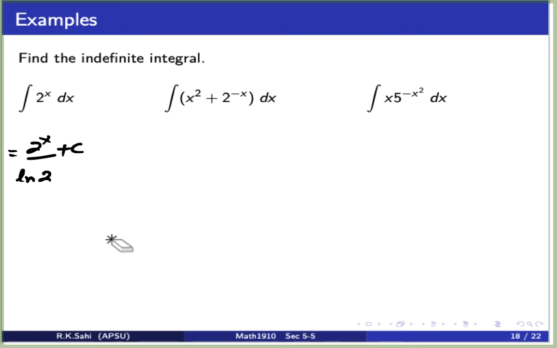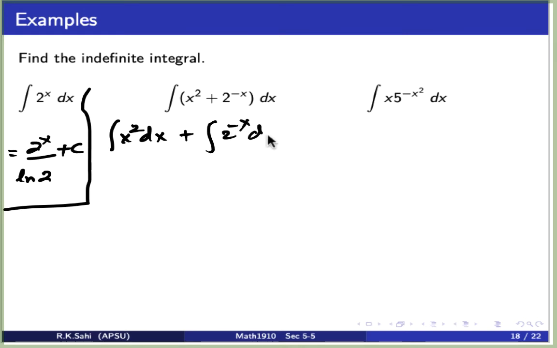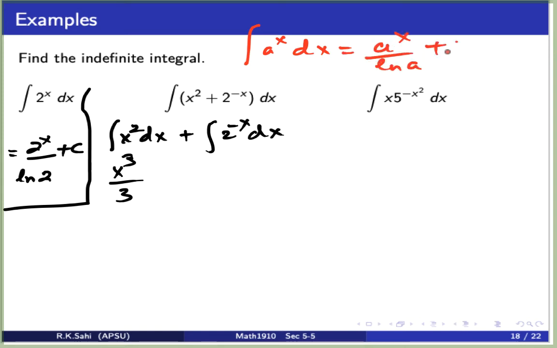Okay. In the next one, first of all, let's separate: x squared dx plus 2 to the power minus x dx. Now, the integral of x squared dx is easy. It's x cubed over 3. Now, to do the next one, remember the formula we know is the integral of a to the power x dx is a to the power x over natural log of a plus c.